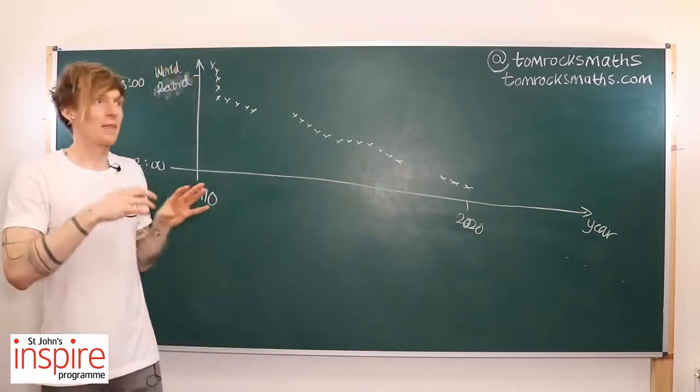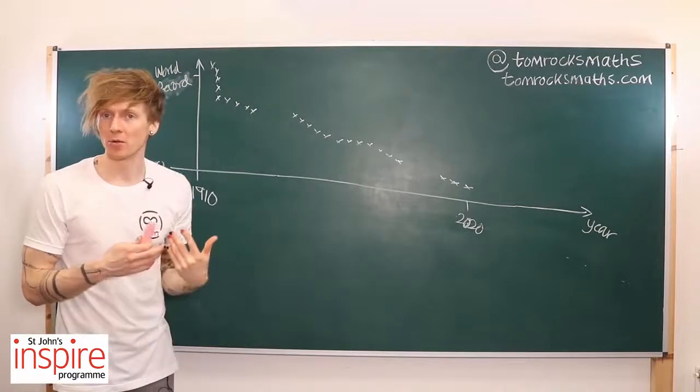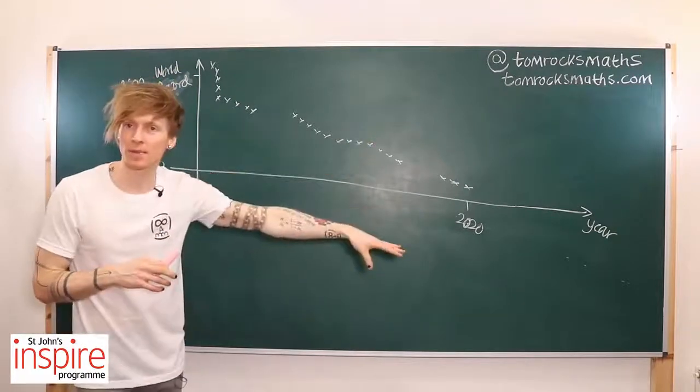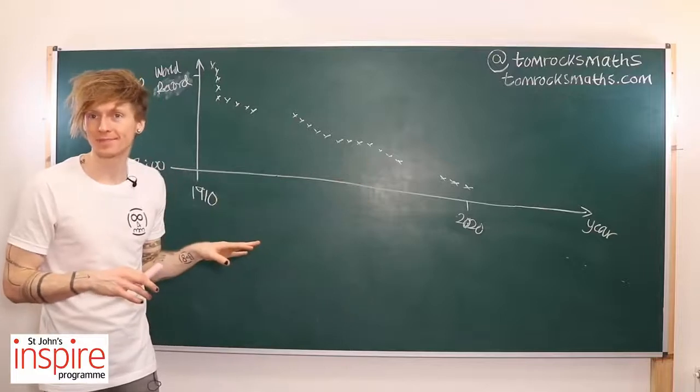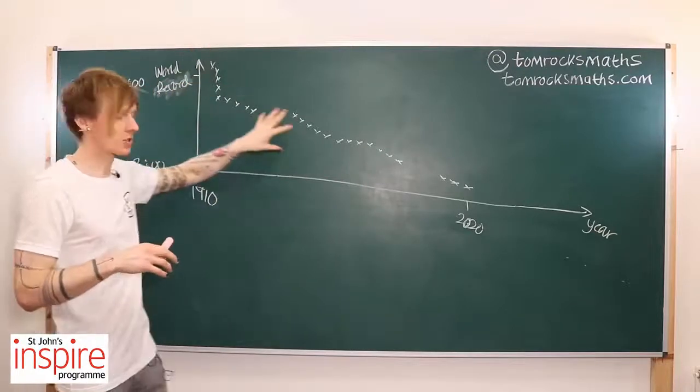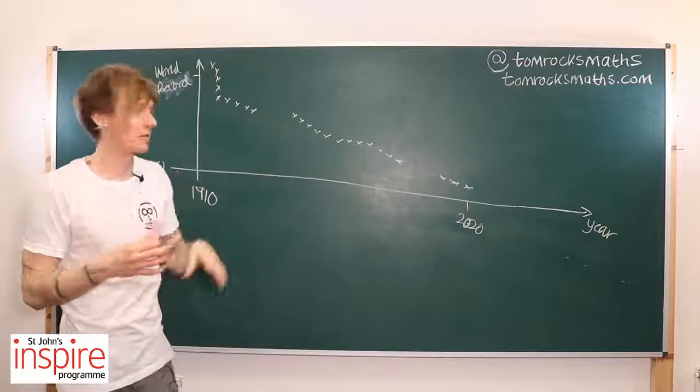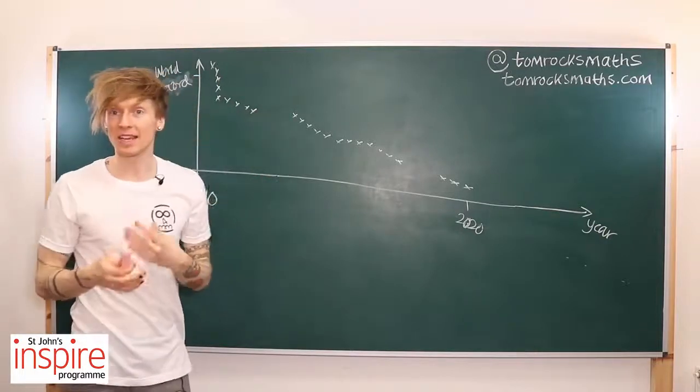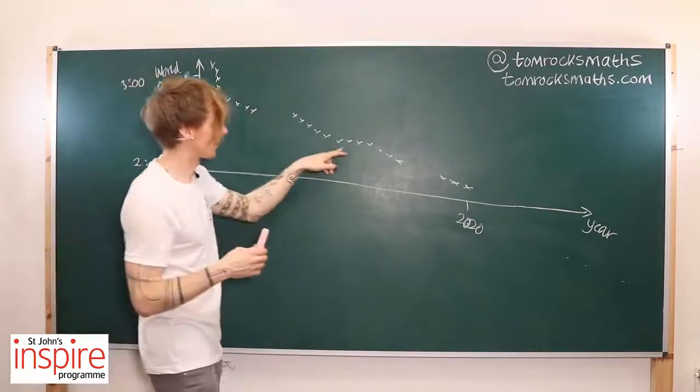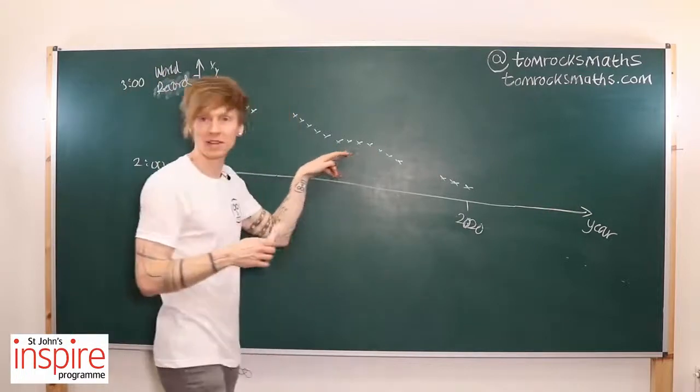Now, the point is we don't know if conditions in the future will be the same as they were in the past. So like I talked about when we first looked at this graph and historically putting it into context, we said that during the 70s, the record was pretty flat.